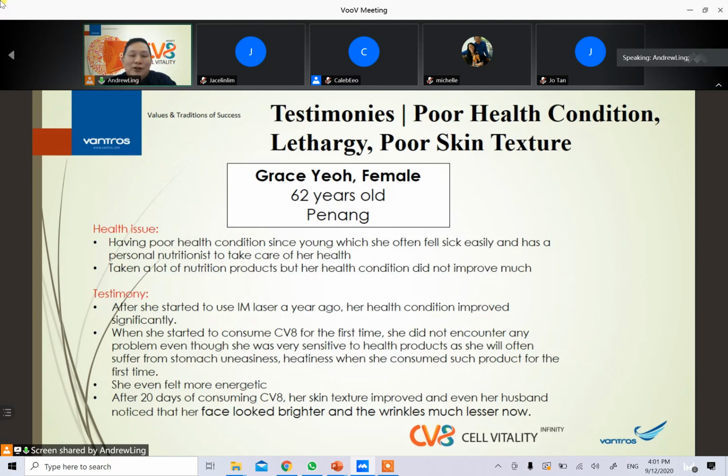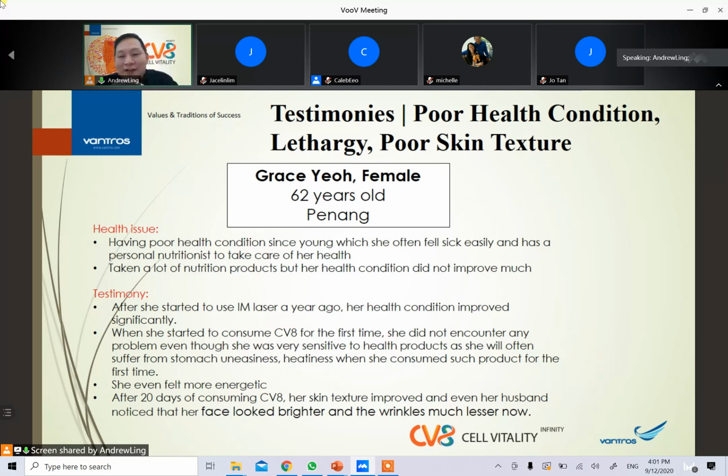And of course, this is from those people who are taking the CV8. Now, this particular woman is from Penang, 62 years old. She was having poor health since very young, and she fell sick quite often.